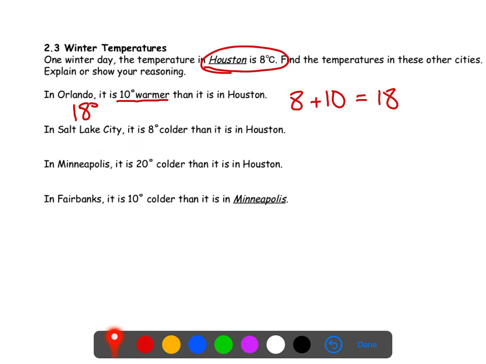For the next one, we're getting 8 degrees colder than it is in Houston. So go back to what the temperature was in Houston. If we're getting colder, remember we want to use a negative quantity, but go ahead and write that addition equation and the temperature here in Salt Lake City. Do the same for Minneapolis and for Fairbanks as well.